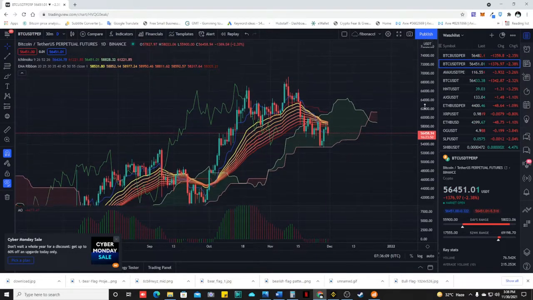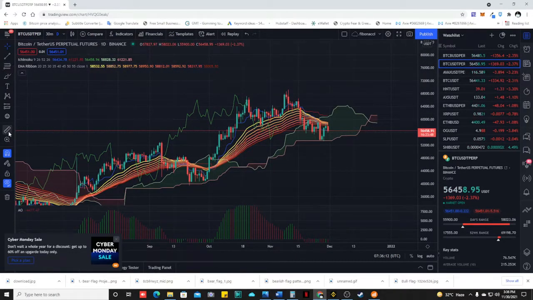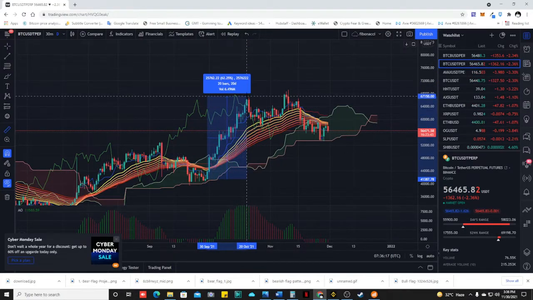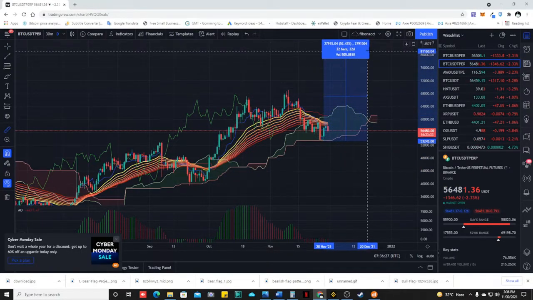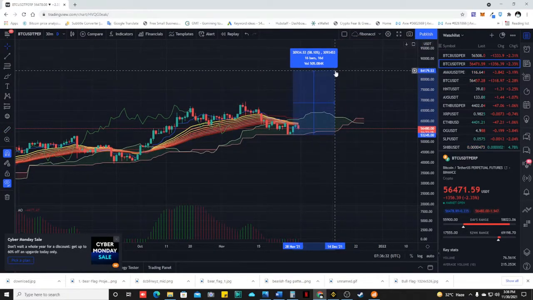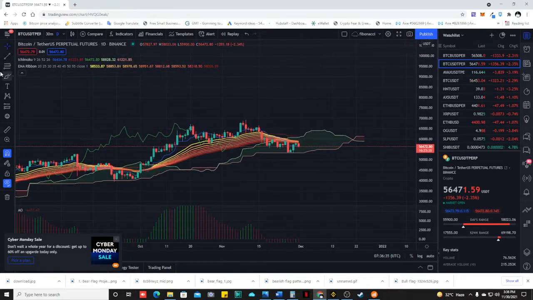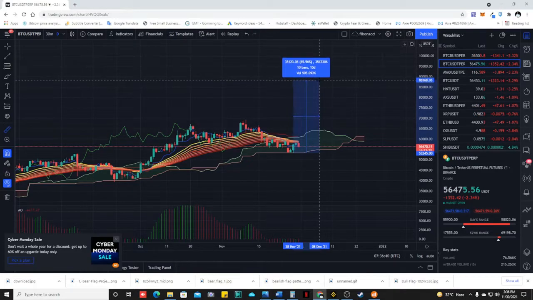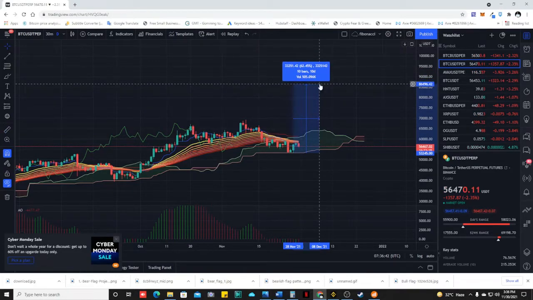So what bounce are we expecting? Let's pull up the ruler. Last time it touched, it moved 62%. So if you place a 62% bounce from here, it's 86,000.